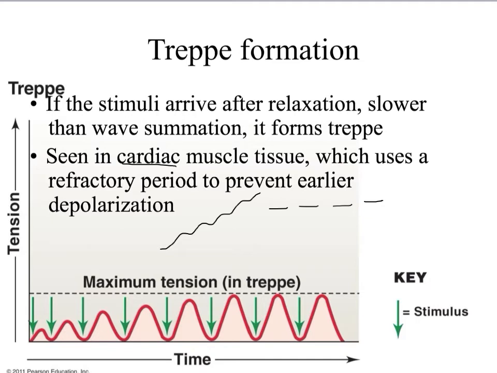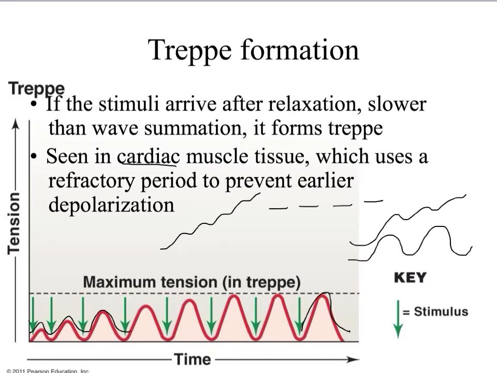Now you do build up a maximum tension in treppe. If you see here, your initial contractions are about half the force of your later contractions. But again, you're not adding on from one contraction to the other like you see in wave summation. With treppe formation, you've got these individual contractions.